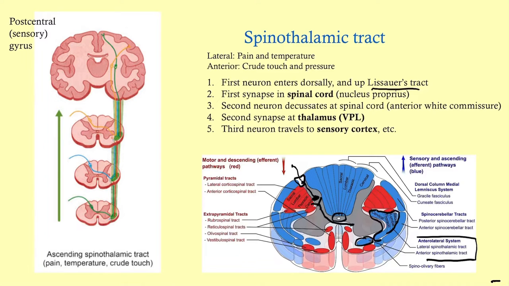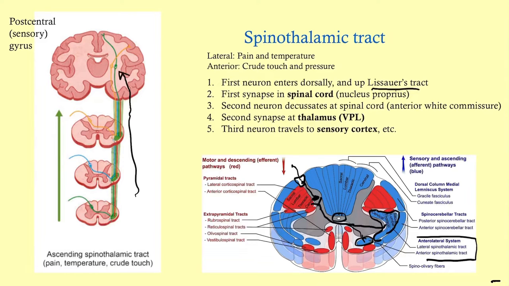So then at that point, you're coming all the way over here, or over here, and you travel up that tract, and you go all the way up to the thalamus. And then again here, we have another synapse, and then it's going to continue traveling to the postcentral or sensory gyrus.